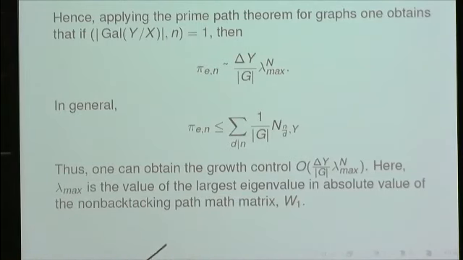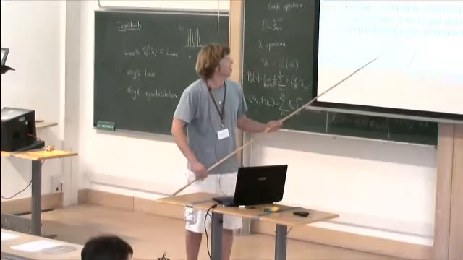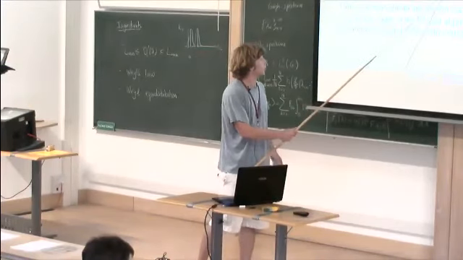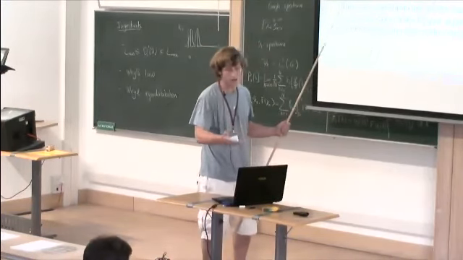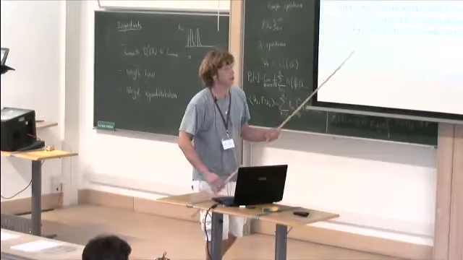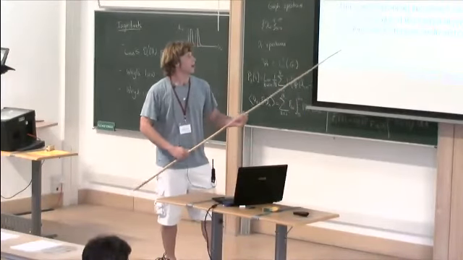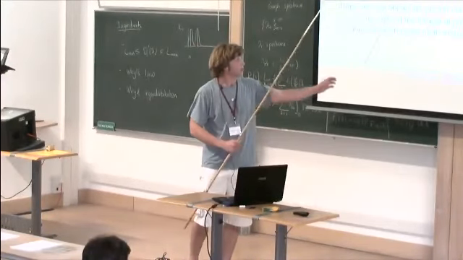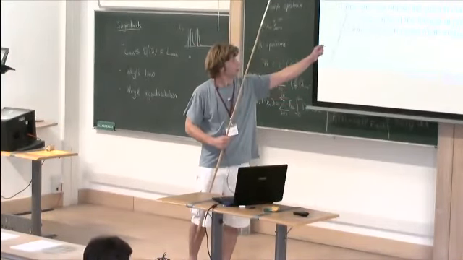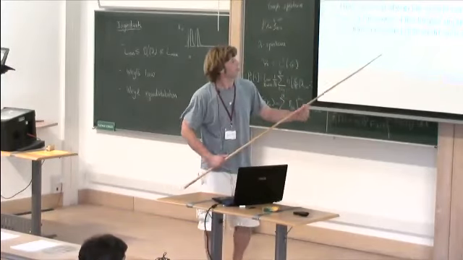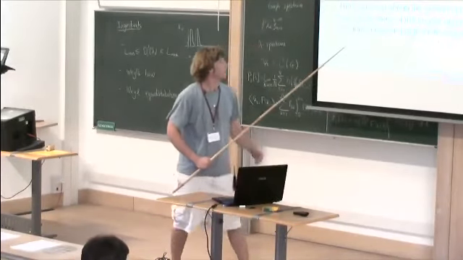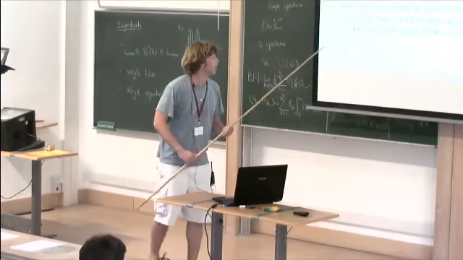In general, you can use one of the previous equations on the previous slides to realize that the number of prime paths of length n which split completely have to be less than or equal to, essentially less than or equal, as opposed to equal to the preceding page, 1 over the size of the Galois group of your cover y over x, times the number of closed paths of length n over d in your top graph.